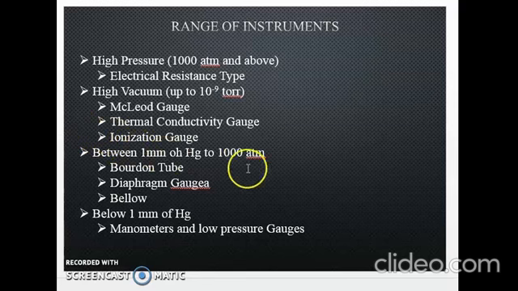The moderate pressure between 1 mm of Hg to 1000 atmosphere can be measured by the following instruments. We can use in this range the Bourdon tube, diaphragm gauge, and bellows. And below 1 mm of Hg, that is low pressure, we can use the manometers and low pressure gauges for the measurement of pressure. So this range of instruments can be useful when we have to apply the suitable pressure measuring instrument in industry.